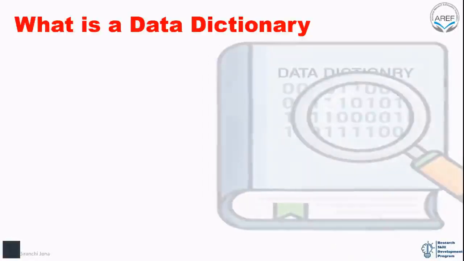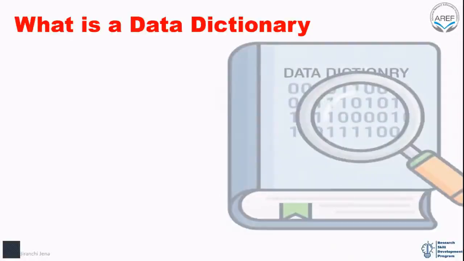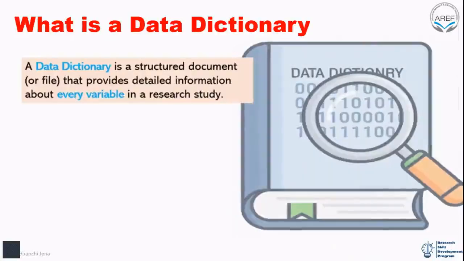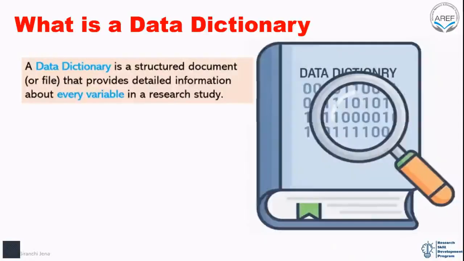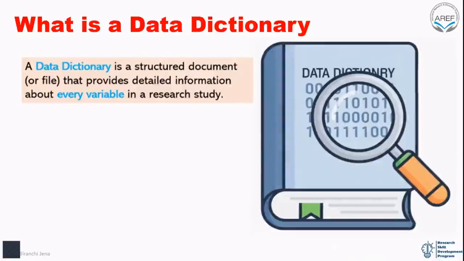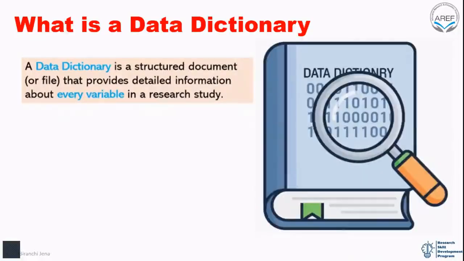Now, the question comes, what is a data dictionary? A data dictionary is a structured document that provides detailed information about each and every variable included in the research study.